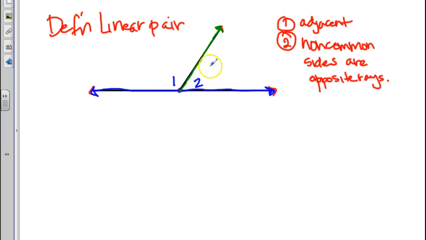Adjacent angles share a vertex here and a side in green. So that makes 1 and 2 adjacent angles, and then it makes them a linear pair because their non-common sides, which are in blue, are opposite rays. So linear pair means angle 1 plus angle 2 add to be 180 degrees also. Kind of cool. All right.